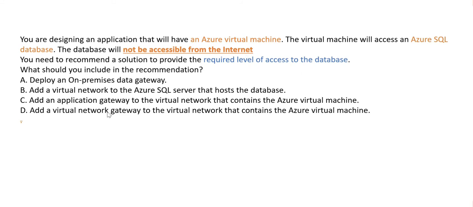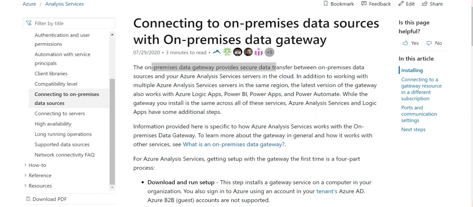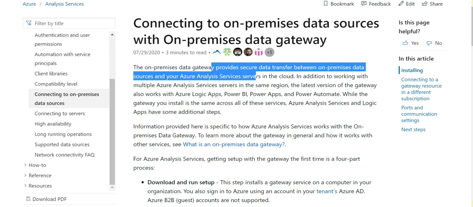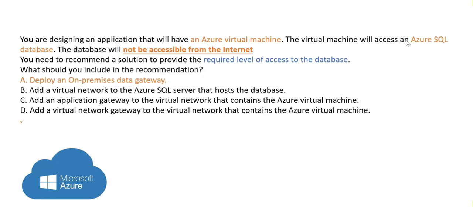So among these options, let's go one by one. Option A suggests deploy an on-premises data gateway. On-premises data gateway provides secure data transfer between on-premises data sources and Azure Analysis Service. Azure Analysis Service is the key here. But our question says we have to connect to an Azure SQL database and not an analysis service.